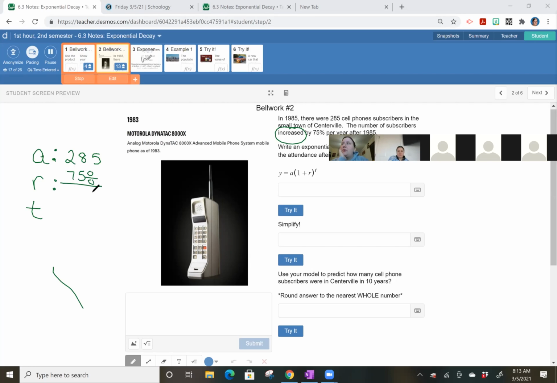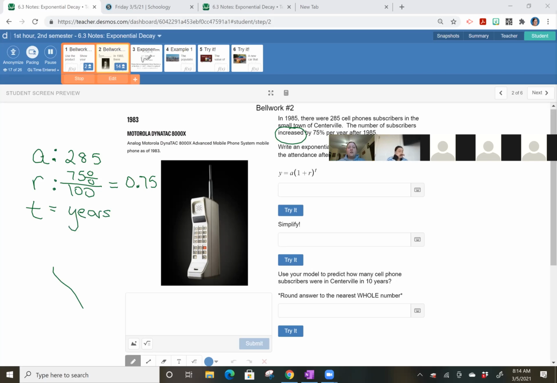What's the magic number we have to divide by? 100. Yeah. So what's 75 divided by 100? 0.75. Okay, awesome. And then for the time, are we talking about seconds, minutes, days, years, weeks, months, decades? Talking about years. Yes.